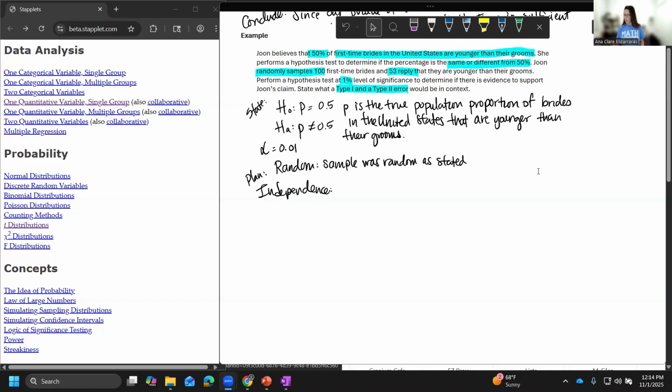That means that n is 100. So in order to determine if that's less than 10% of the population, we can take that sample and multiply it by 10 to determine if our population is larger than that. These are first-time brides in the United States. Is there at least 1,000 first-time brides in the US? Yes, there are.